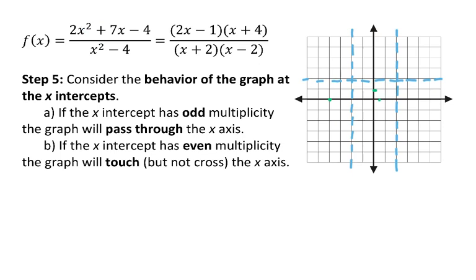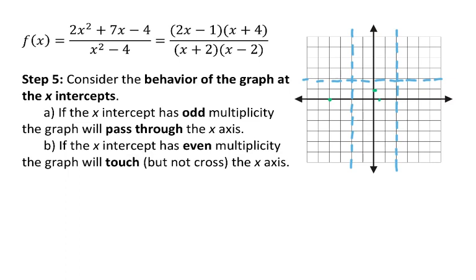Now we're going to focus our attention back at the x-intercepts. We want to know what the behavior of the graph is at the x-intercept. As a graph hits the x-intercept, it can do one of two things. The graph can pass through the x-axis, which would look sort of like a line, or it can touch the x-axis, which would look sort of like a parabola.